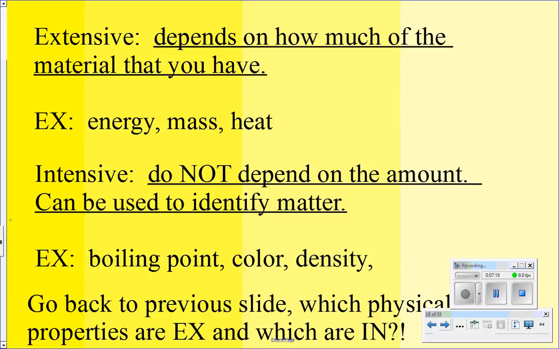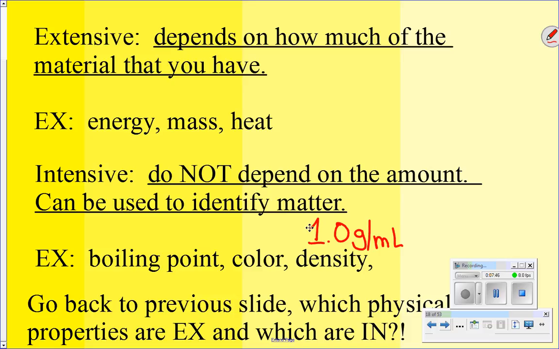Intensive properties are properties that do not depend on the amount of matter that you have. These can actually be used to identify matter because no matter how big your sample is, they're always the same. A great example of this is density. You've heard that the density of liquid water is 1 gram per centimeter cubed, or 1 gram per milliliter. So no matter how much water you have, that's always true.